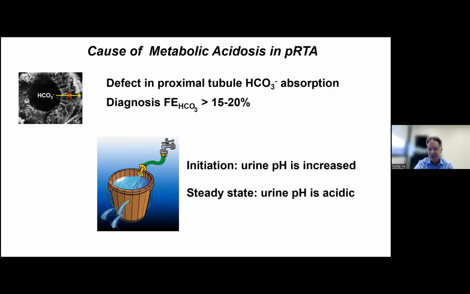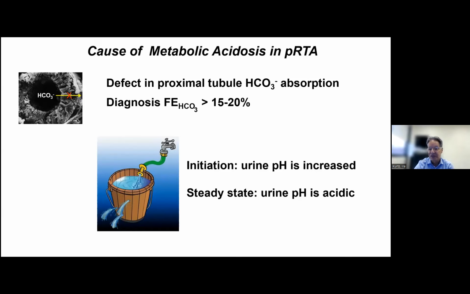When the process is first created, you're going to dump a ton of bicarbonate in the urine. So if you have someone who's just put on acetazolamide or ifosfamide or something that blocks the process in the proximal tubule, you'll suddenly get a flood of bicarbonate coming through the rest of the nephron, and the rest of the nephron doesn't have the transport machinery to reclaim the bicarbonate, and so it ends up in the urine.